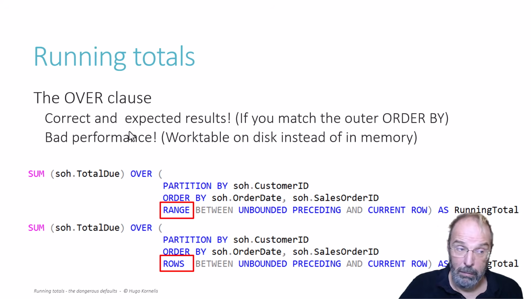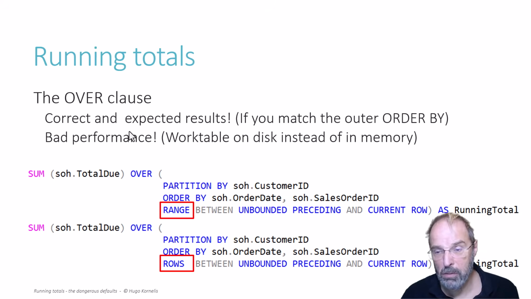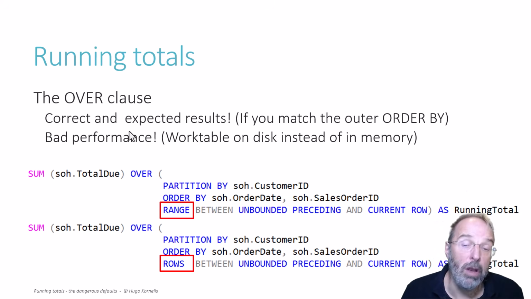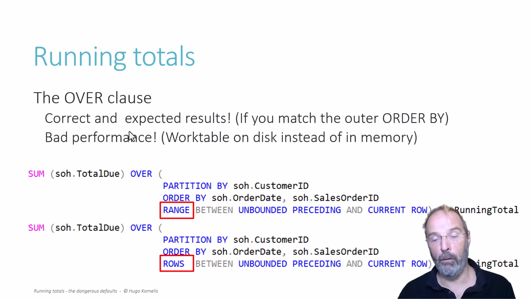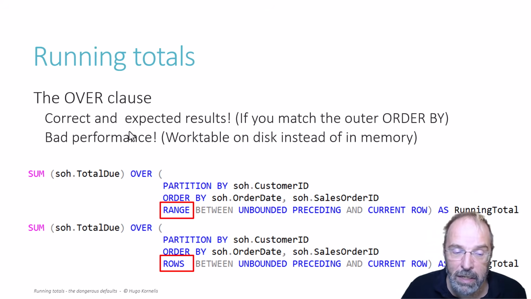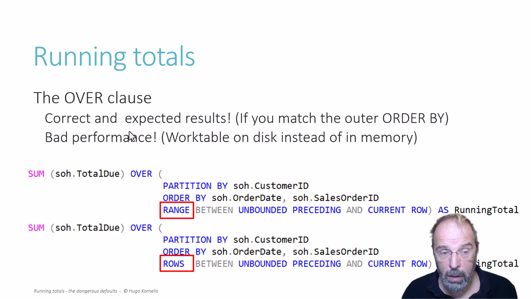And that makes a huge difference. Of course, when I say on disk, it doesn't mean it actually writes to disk. It goes into the buffer pool. It might be flushed to disk. It's unlikely actually, but even storing things in the buffer pool for TempDB makes the query a lot slower, as you saw in the demo.